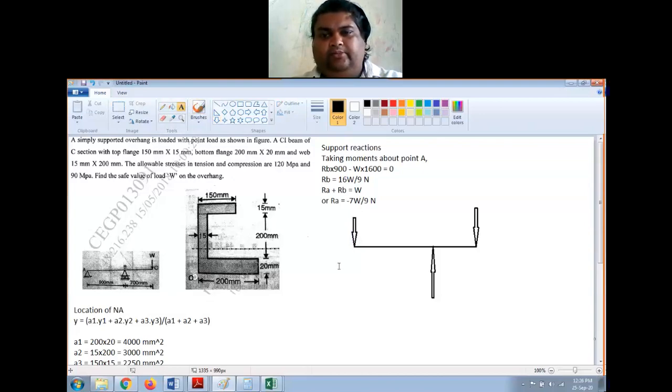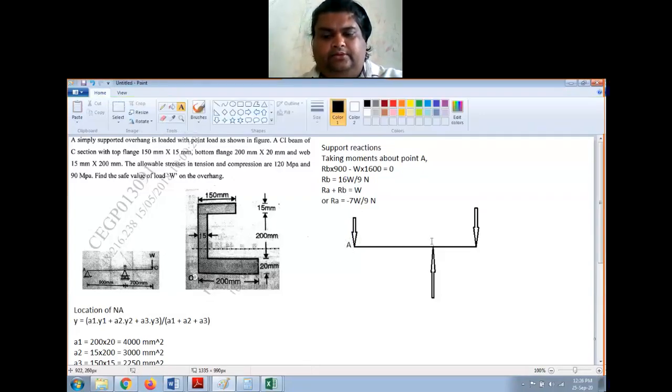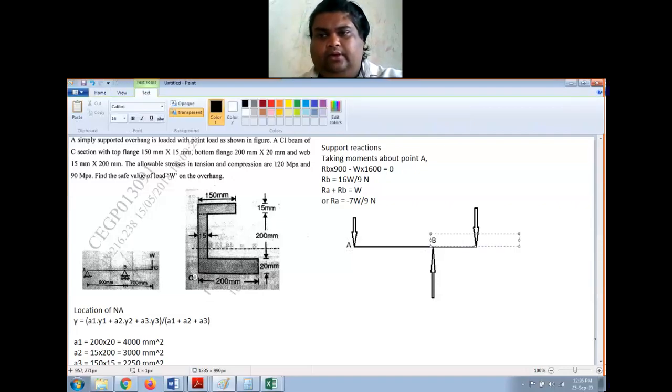Now let me name this quickly: this is A, this is B, and this is C. RB is equal to 16 W by 9. This is W, and this is 7 W by 9.